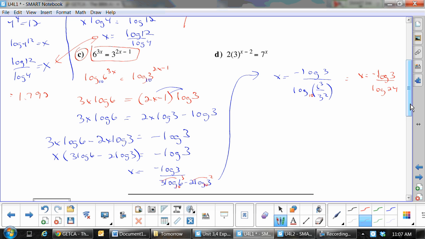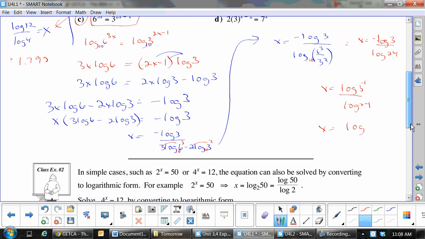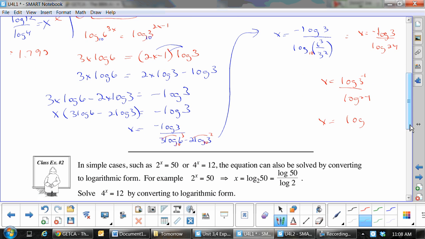So many people would put 3 at this point. But it's not allowed. So that's the same thing as x equals log 3 to the negative 1 over log 24, which would equal log 1 over 3 over log 24. So your answer might be 0.33.